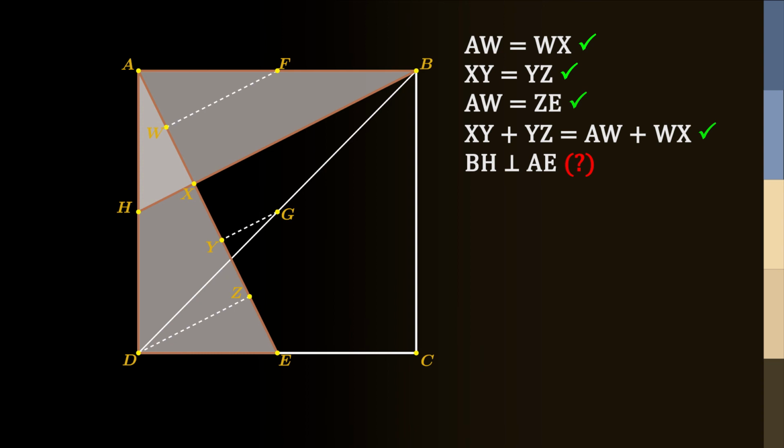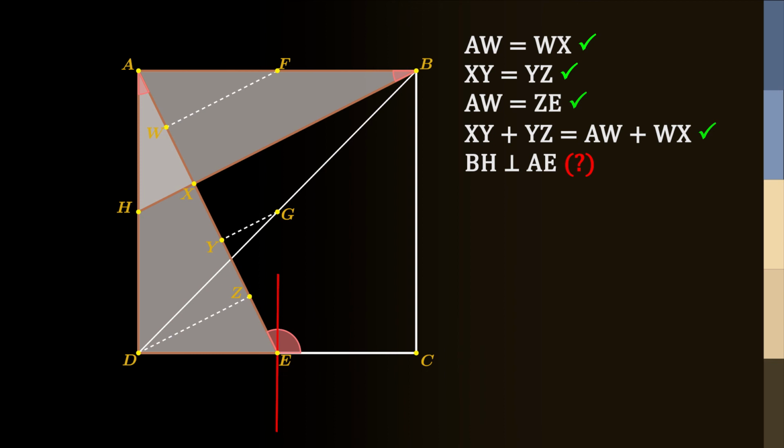And the included angle is the right angle. So that means that the angle in A of the triangle ADE is equal to the angle in B of the triangle ABH. The outside corner angle in E of the triangle ADE is thus equal to a right angle plus the angle A.